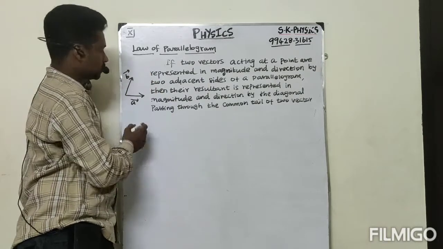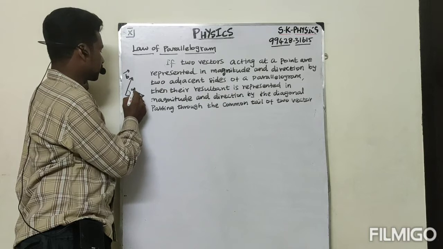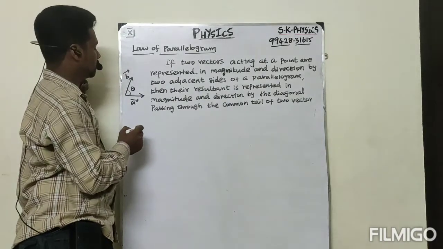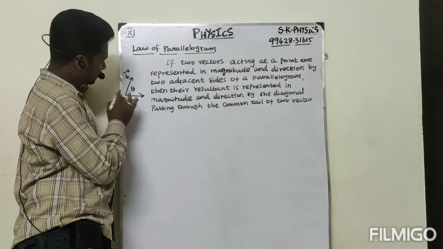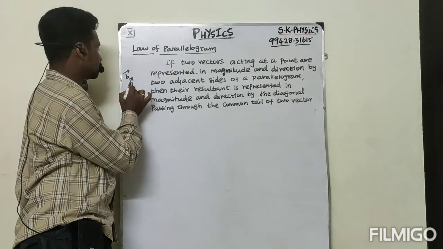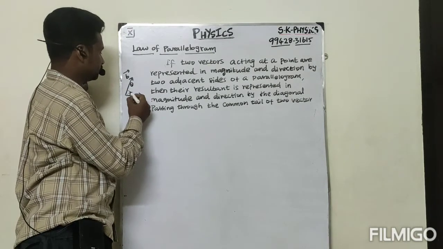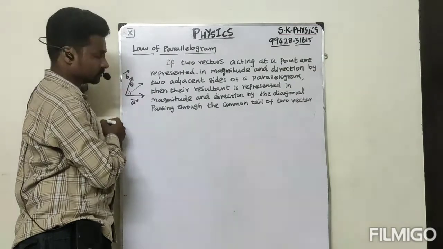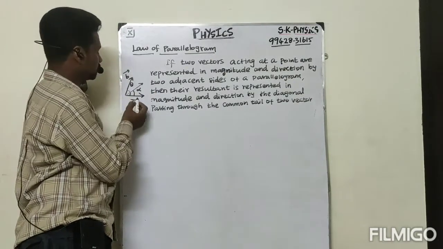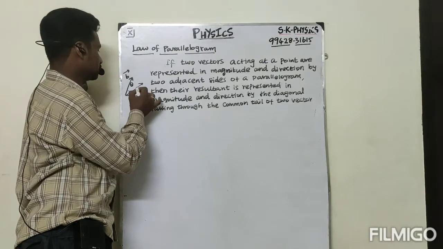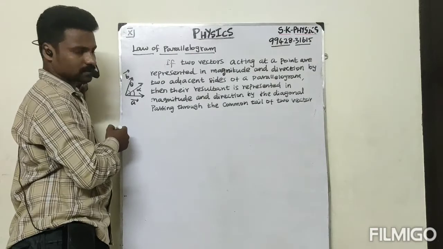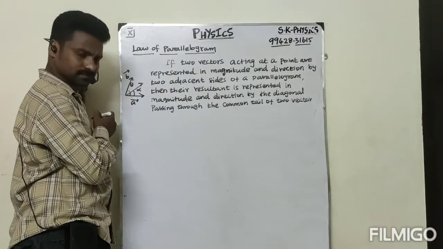Here the angle between the two vectors is theta. The angle of the resultant, in between, I have taken as alpha. So this is the resultant value, and this is the angle value.